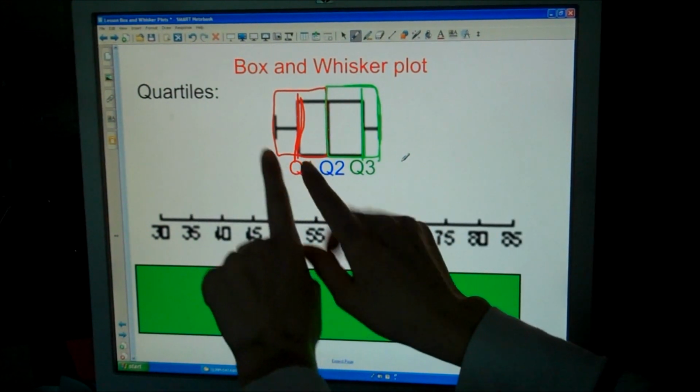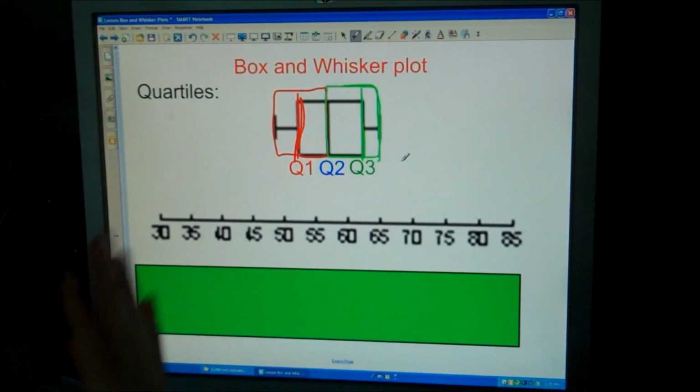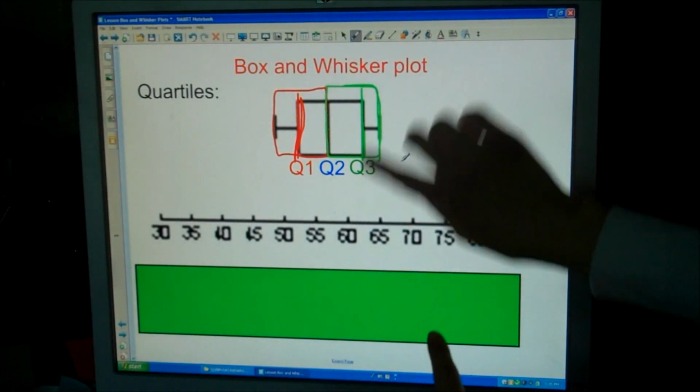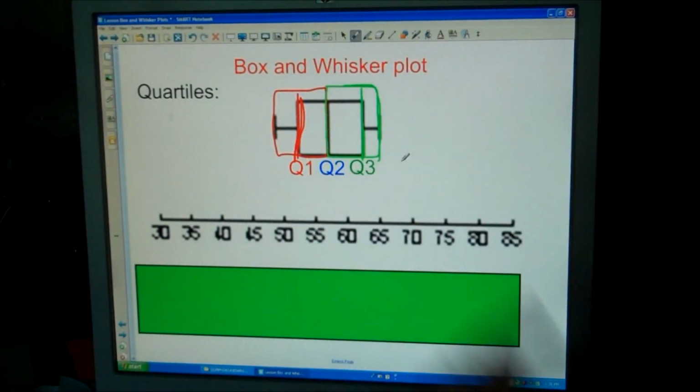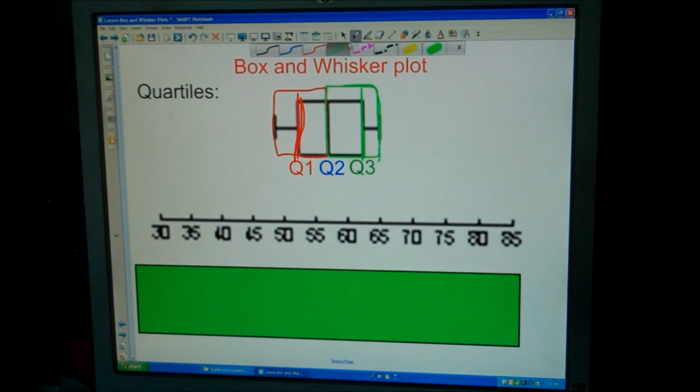So quartile 1 is the middle of the first half of the data. Quartile 3 is the middle of the second half of the data. So if we look at quartile 2, which is in the middle, that's the middle of how much of the data? All of the data, right there in the middle.